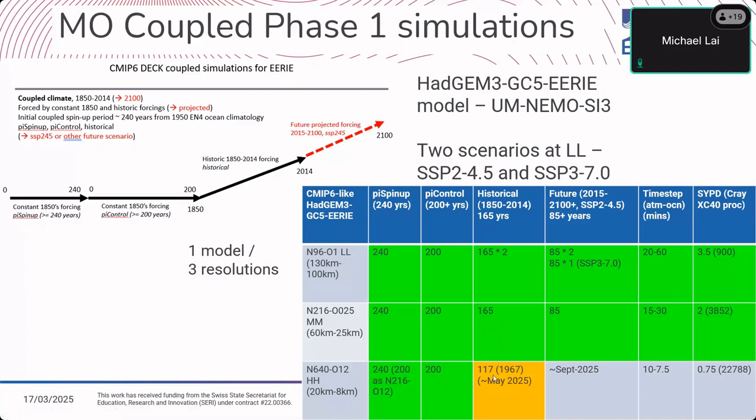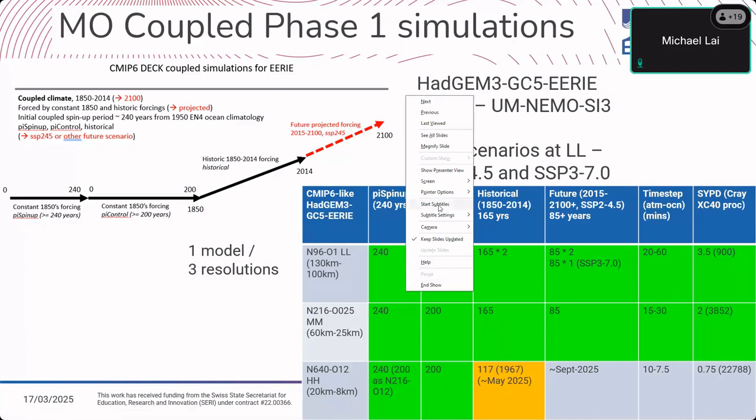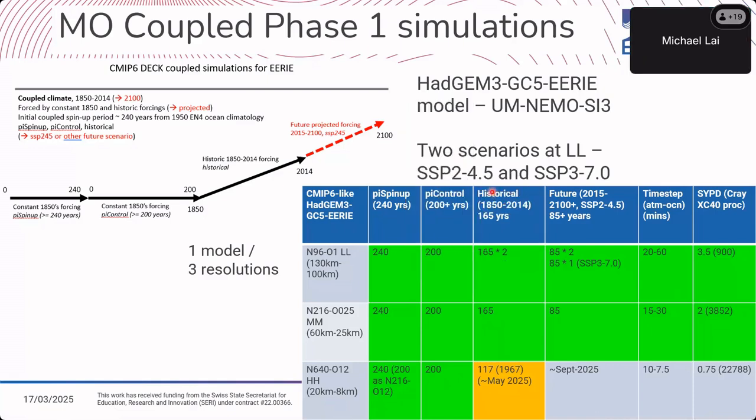For this model, the historical is partway through, so it's in about 1967 at the moment. So it's got 45 years or so to go, and we're hoping that that will be complete by May this year.